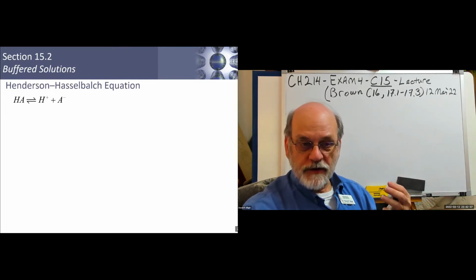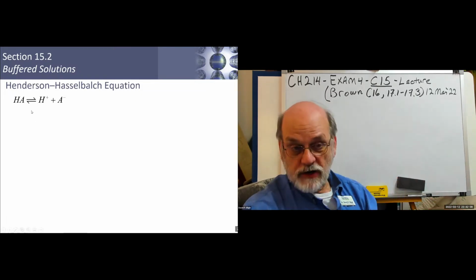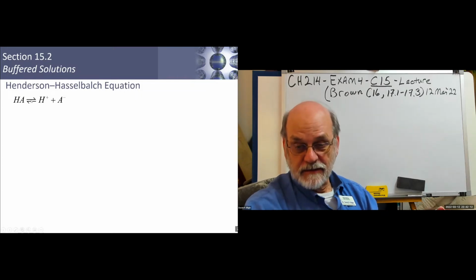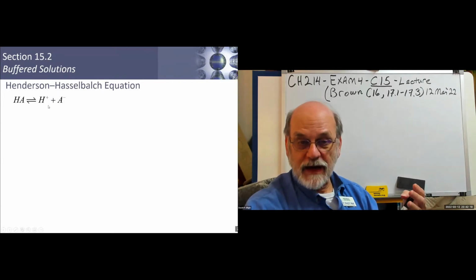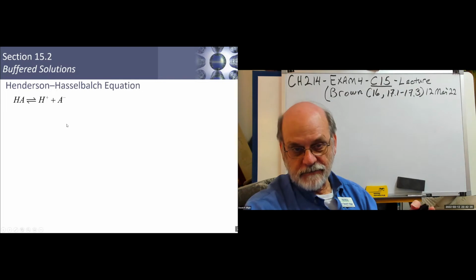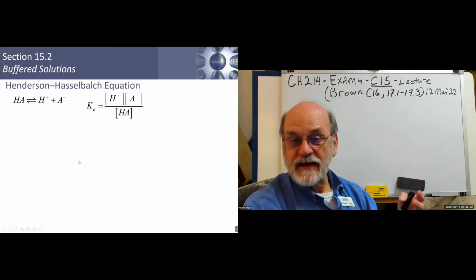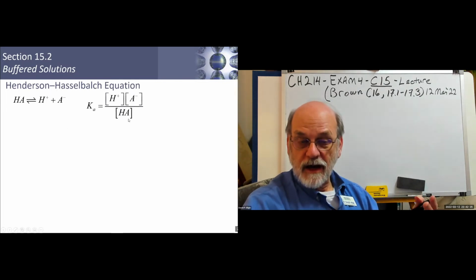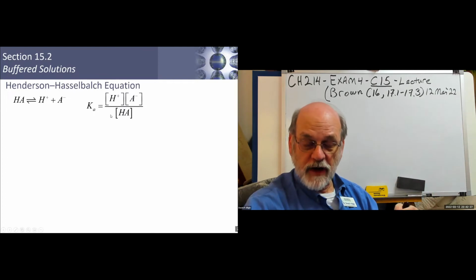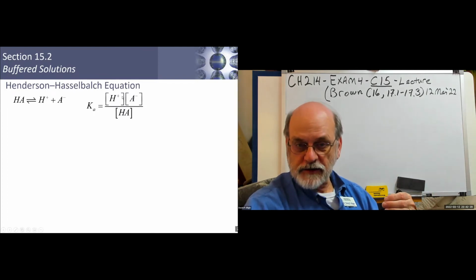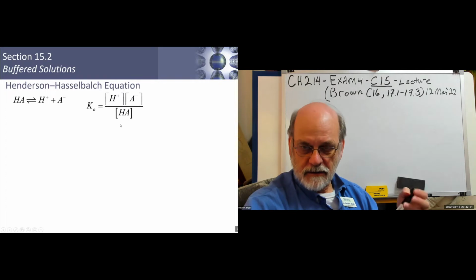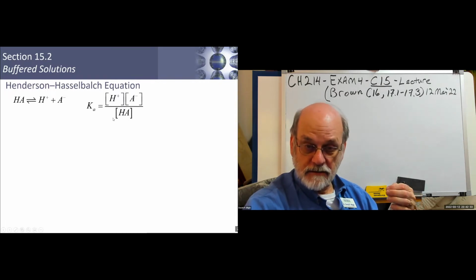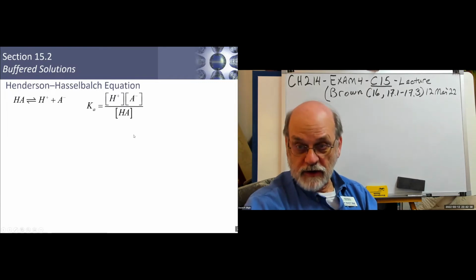So we start off with this generic equation of a weak acid in equilibrium. So we add so much of the HA, it dissociates partially to produce some hydrogen ions and the conjugate base. Okay, so our equilibrium expression would put the products in the numerator and the reactants, the undissociated acid, in the denominator, and that's what the expression would look like.